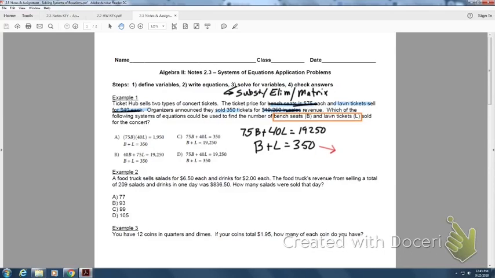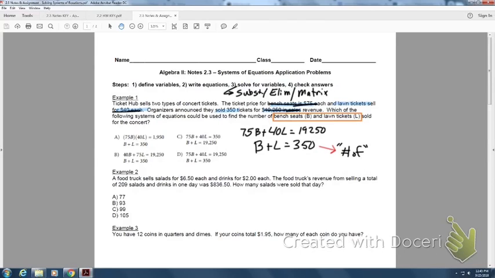Right. If you ever hear me, and a lot of times you will have these kind of equations, if you ever hear me refer to an equation as the number of, this is what I'm talking about. The number of this plus the number of this is going to give me the total number of whatever the problem's talking about. Okay, seats at a concert.